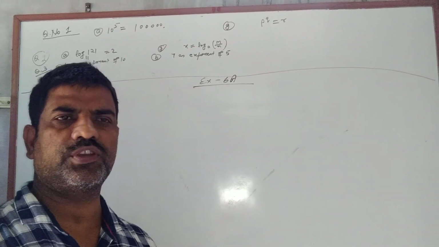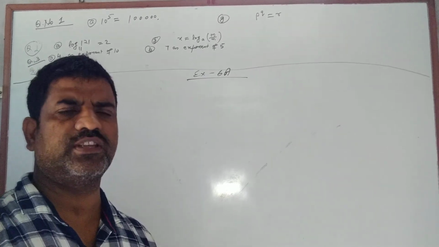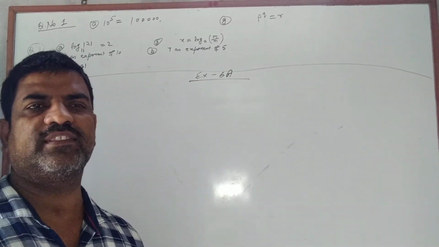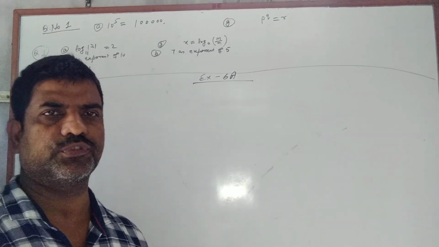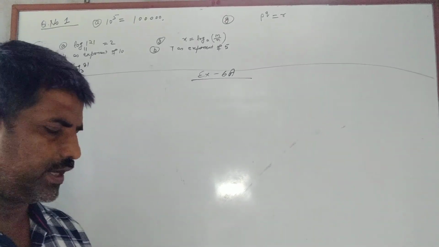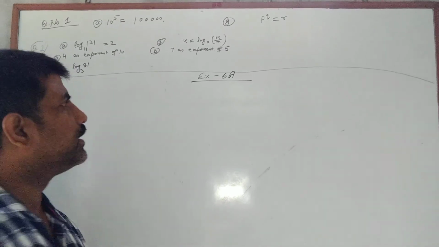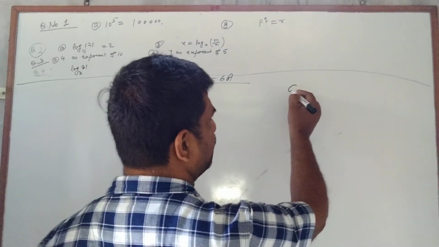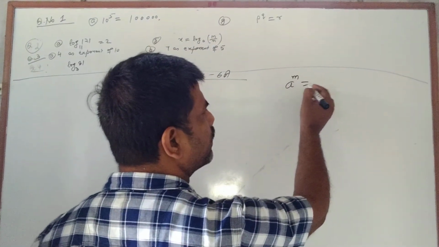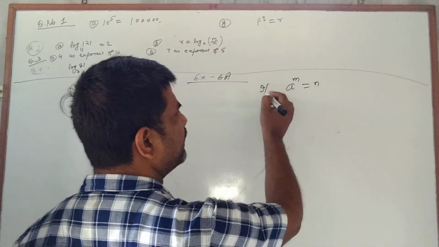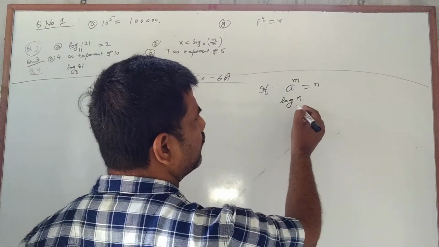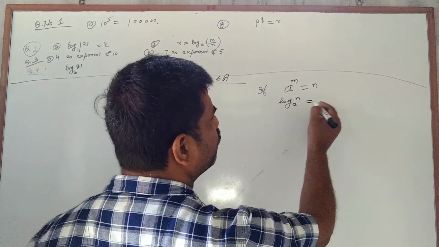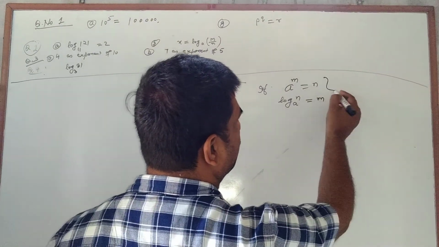Yesterday, in brief, we studied what a logarithm is, its definition part. Today, we shall see how to apply that definition to solve problems. Yesterday we studied that if a to the power m equals n, then we write log n to the base a equals m.